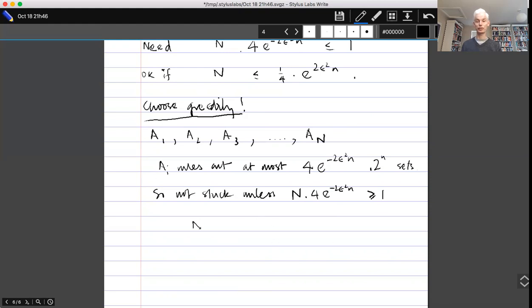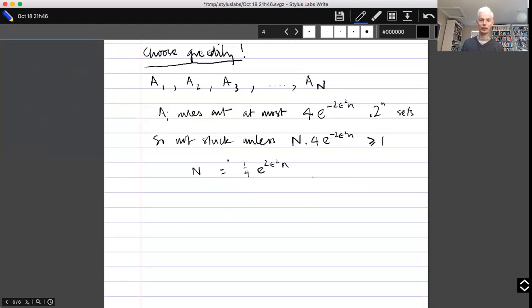So that says we can get up to n equals, give or take integer parts, 1/4 e to the 2 epsilon squared n. So for this particular problem, it's not always the case, but for this particular problem, just choosing greedily gives the same bound as choosing randomly and throwing a few things away.